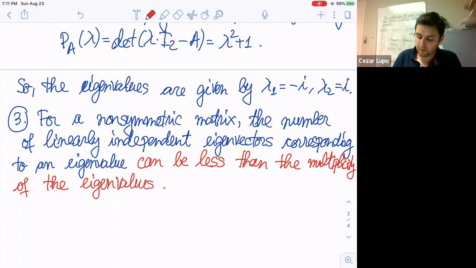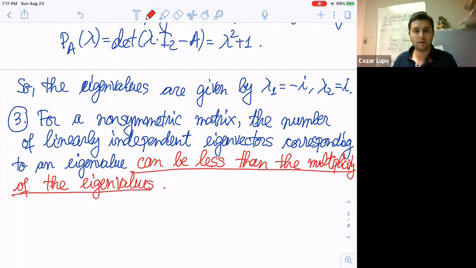I think we have seen an example when we talked about eigenvalues and eigenvectors.